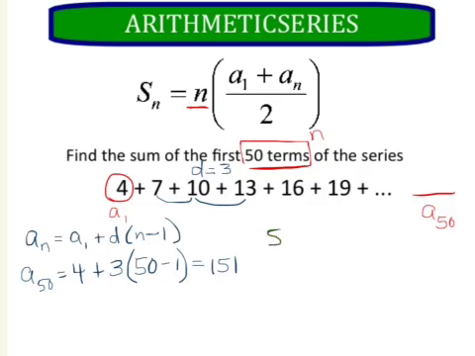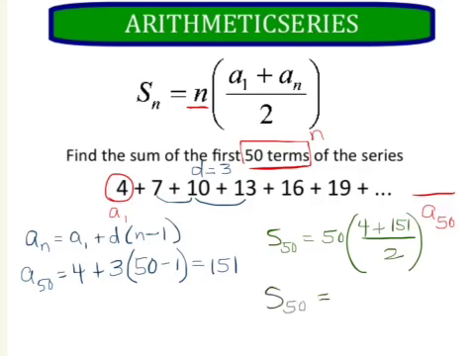So the sum of the first 50 terms is equal to 50 times the first term, 4, plus the 50th term, 151, all divided by 2. I'm going to use proper order of operations, and I'm going to find that the sum of all 50 terms, if I were going to add them all up in my calculator, would add up to 3,875.